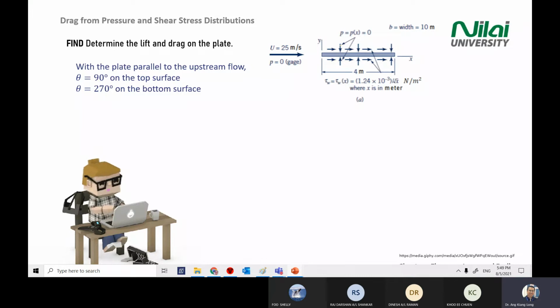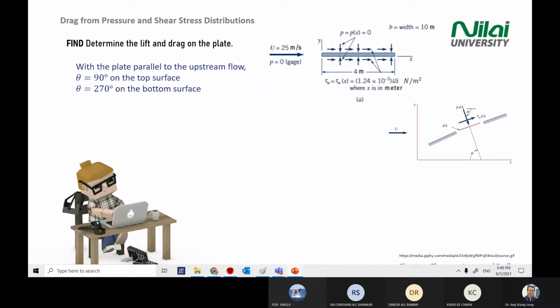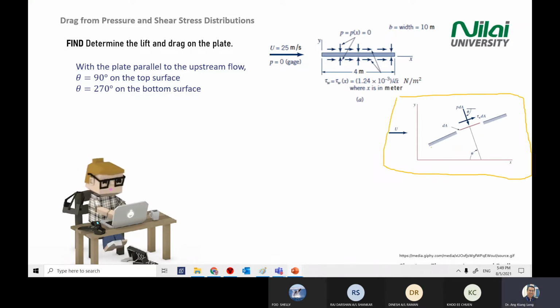If you look at the pressure magnitude there, in the lecture diagram that we covered just now, the angle is measured from X to the pressure magnitude there.